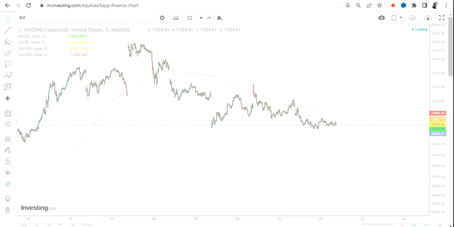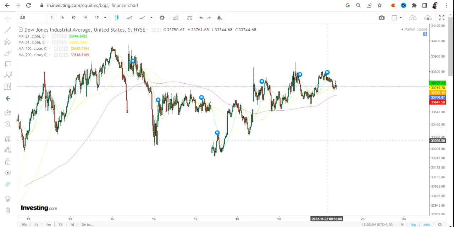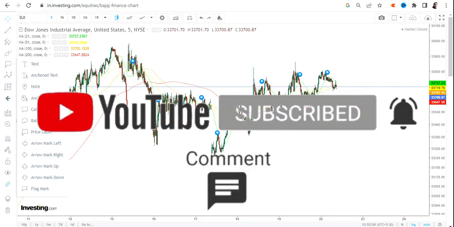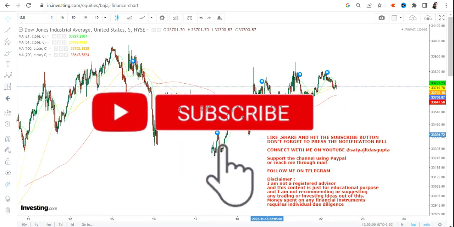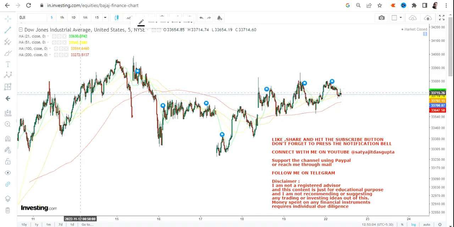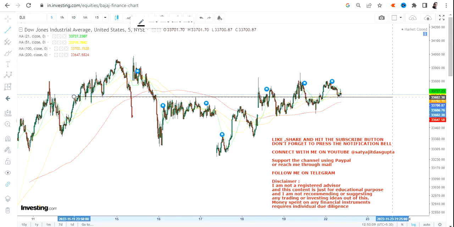Now talking about the Dow Jones, which is the most resilient, I would say. Dow Jones is actually showing some positive signs. Why am I saying that? Because if you are looking at the price chart of Dow Jones, what you can clearly see is that a small range breakout has happened.